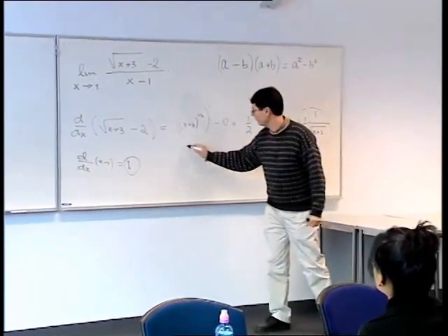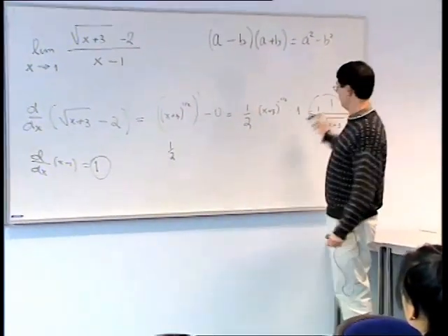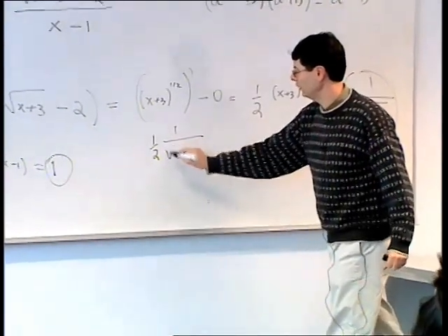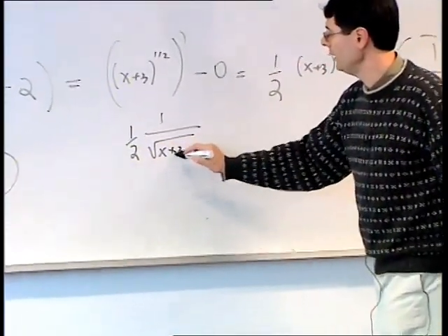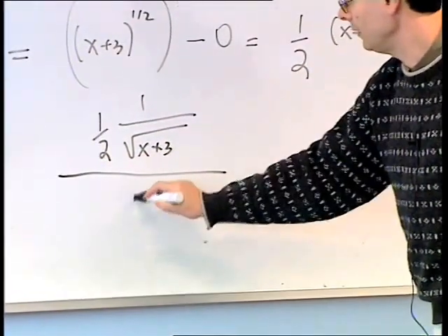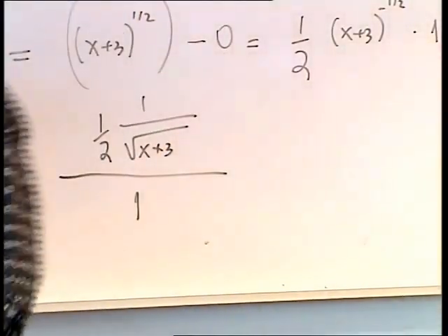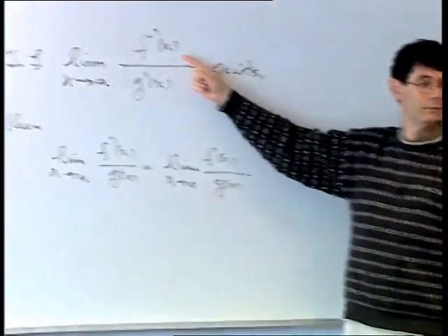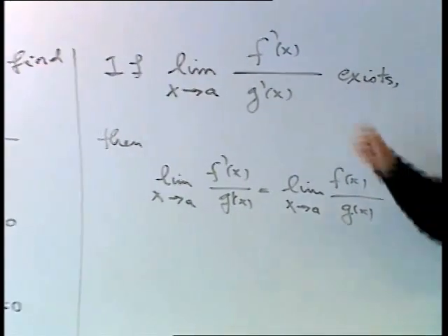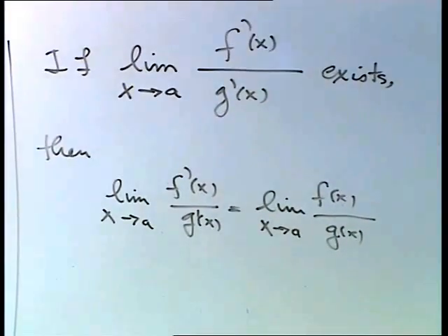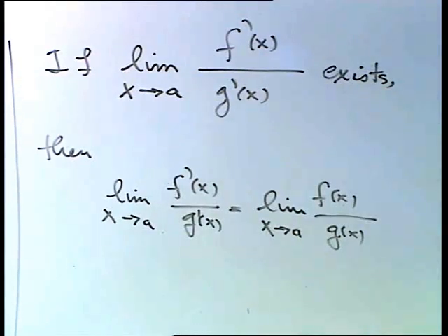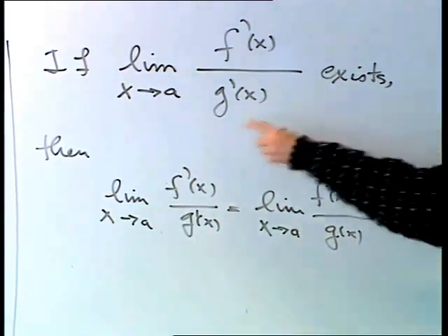This is 1/2, 1 on square root of x plus 3 divided by 1. It's this one here. And then I'm going to take the limit when x goes to the value a. A is 1 here. X is going to 1.